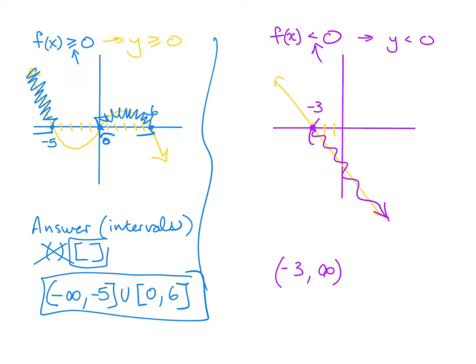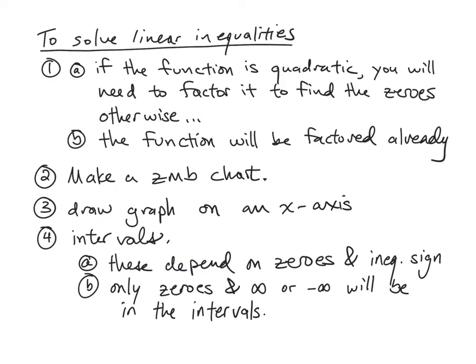Let me write some steps down as to what you will need to do in order to get to this particular point here. So to solve, these are not linear inequalities.